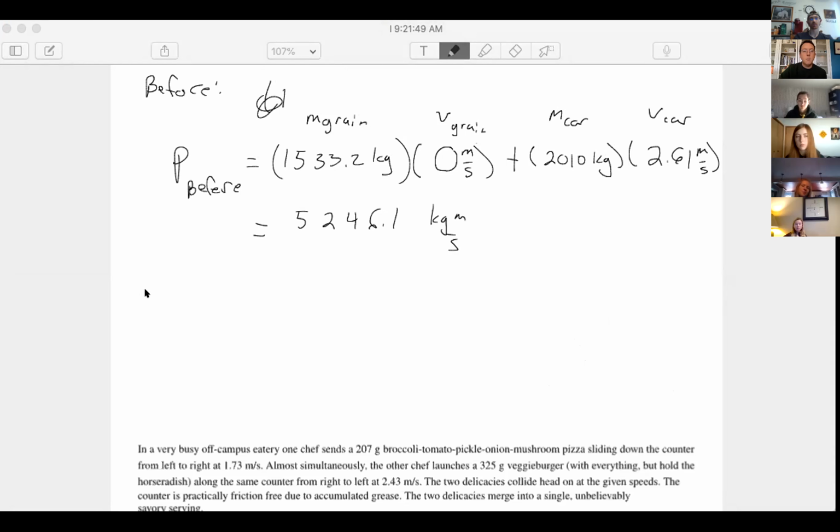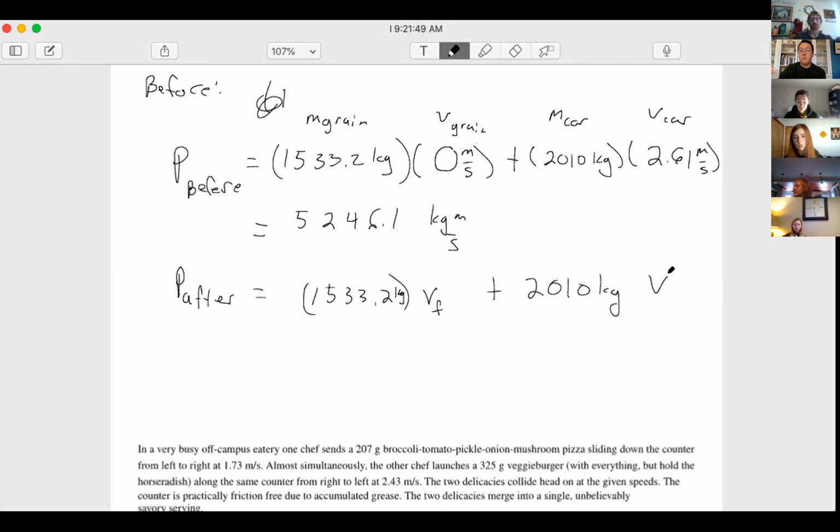And then afterwards, I don't know the velocity after. That's the point of the problem. But the grain still has the same mass, and the car still has its same mass. So that's 1533.2, but I do know they have the same final velocity, plus 2010 kilograms times the same V final.